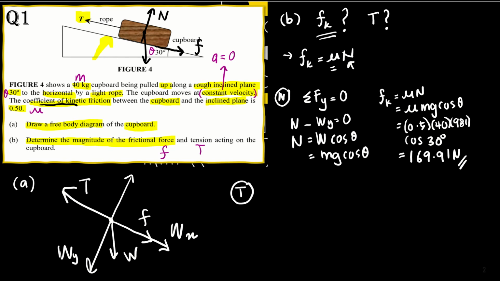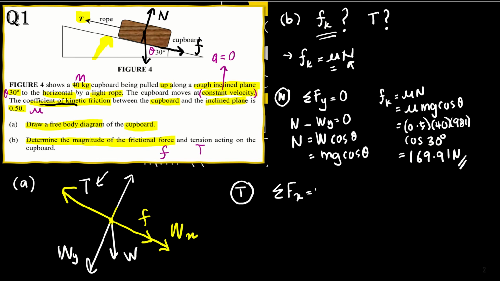So T. Okay, if we refer once again to our free body diagram here, our tension, class, is in the x-axis, meaning that we are going to solve this using information in the x-axis.